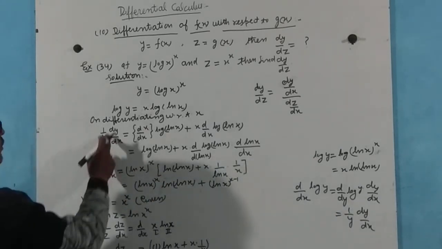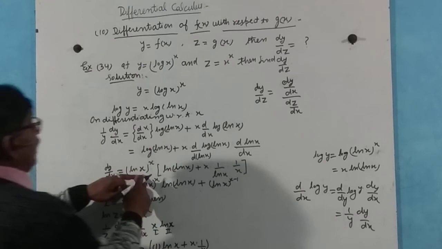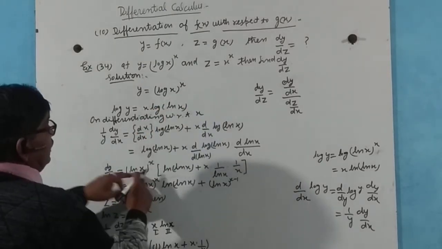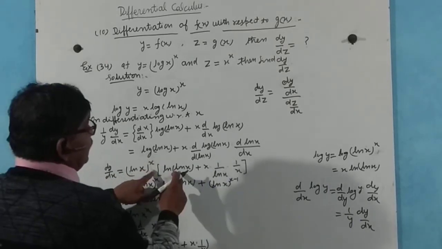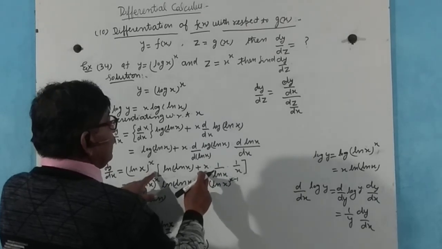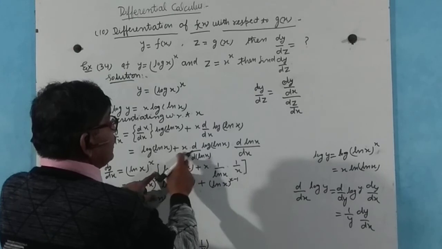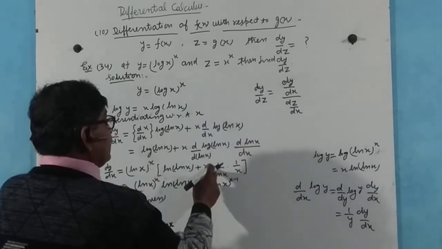So dy by dx is equal to y, which is (log x) to the power x, times log of log x plus x times 1 by log x times 1 by x; here x and x cancel.